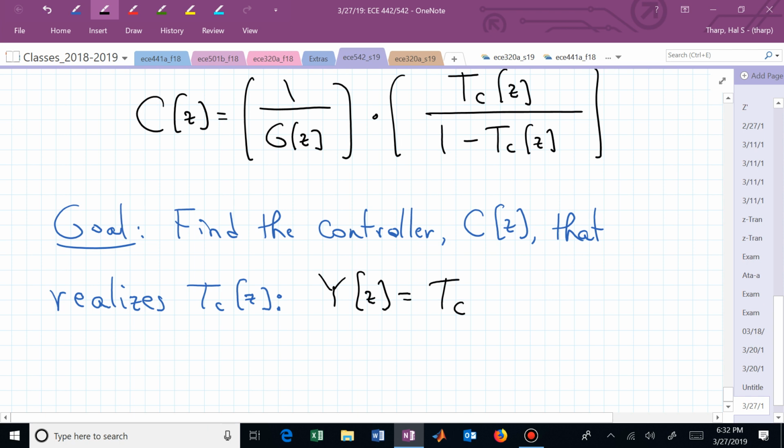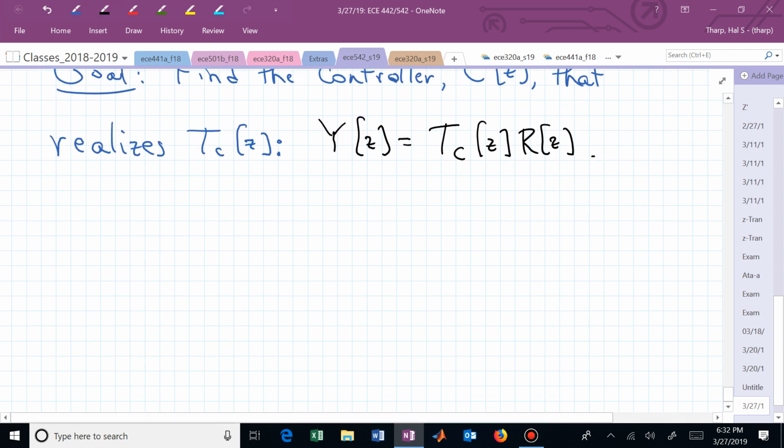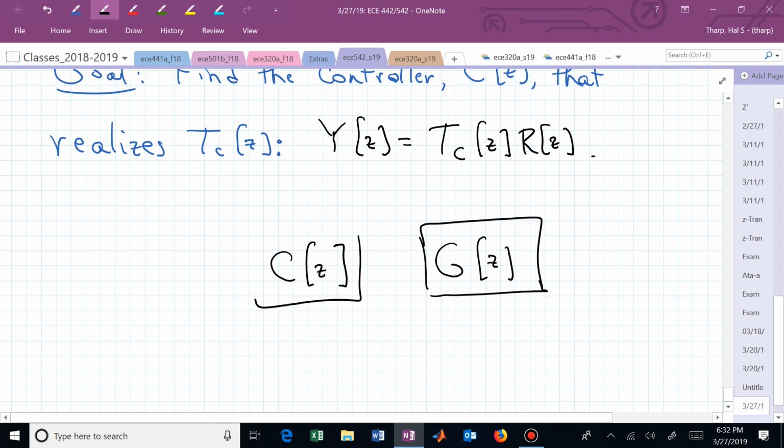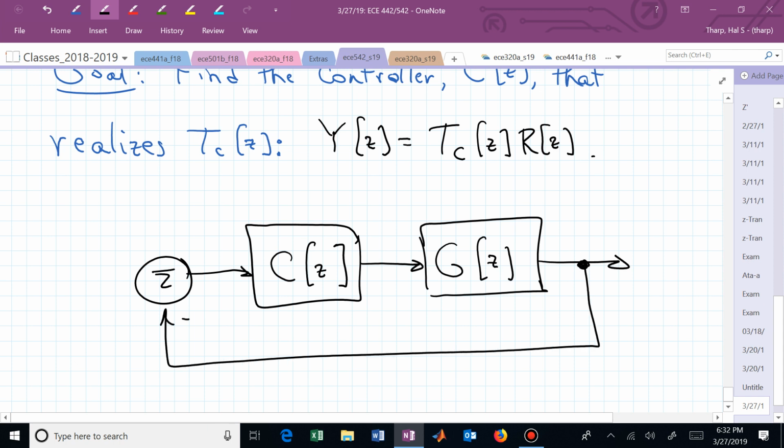We want the transfer function between our reference input R and the output Y to be T sub c of z. And we're assuming this classical block diagram configuration. There's our plant. Here is our controller. And they are interconnected in a unity output feedback configuration.